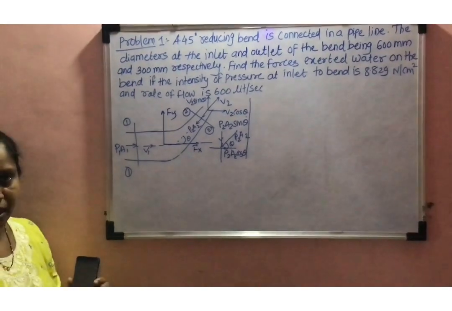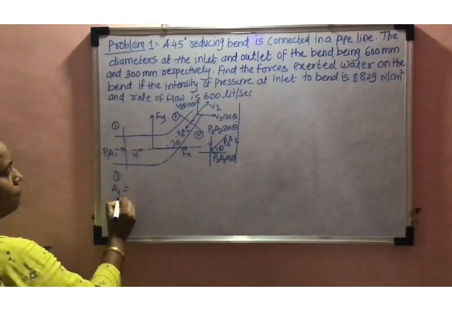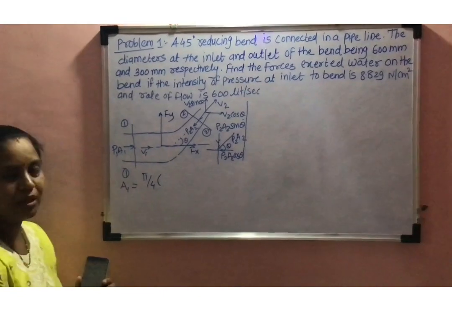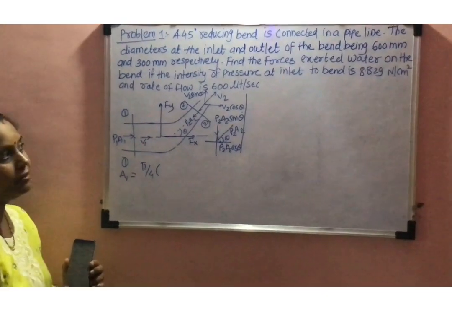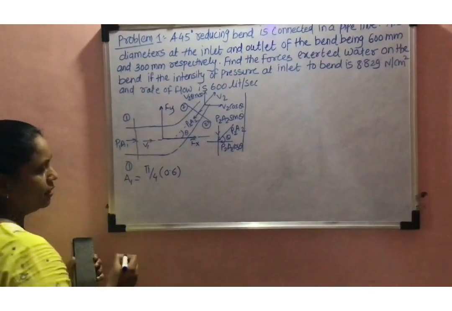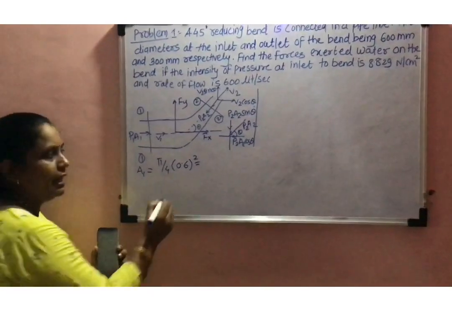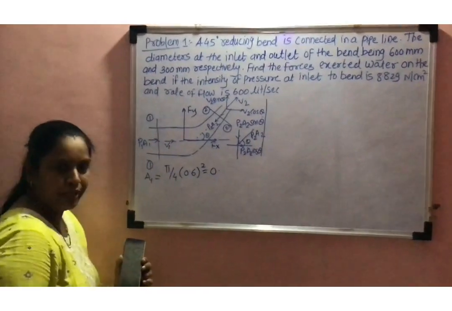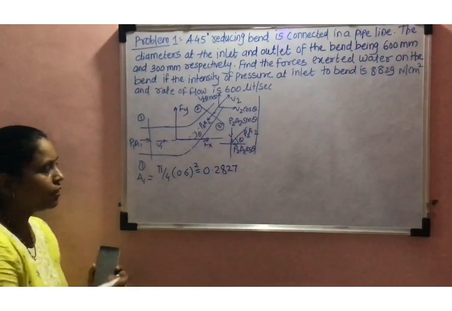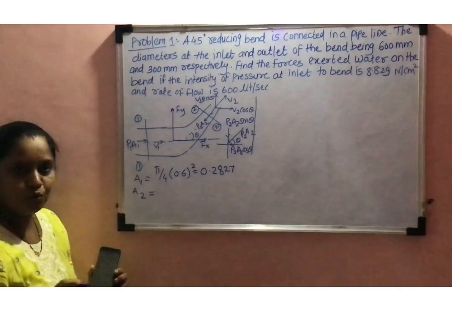According to the given data, first of all find out the area at inlet. A1 is equal to pi by 4 d square. Diameter at the inlet is given as 600 millimeter. I am going to convert this into meter. So we'll get the area at the inlet after calculating 0.2827. Then find out the area at outlet.